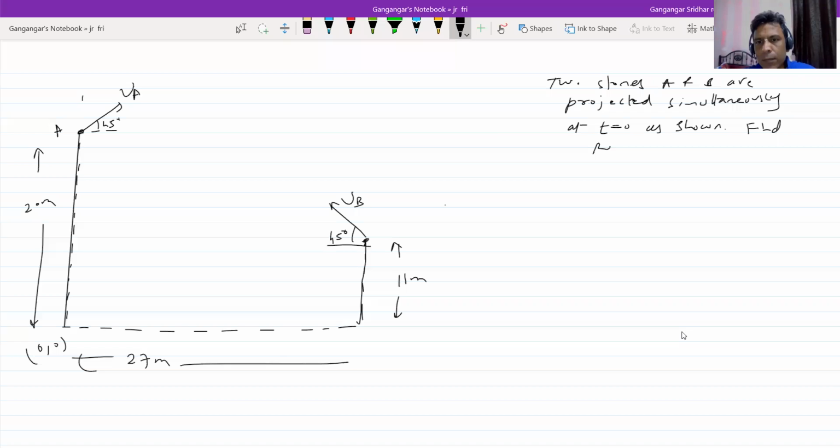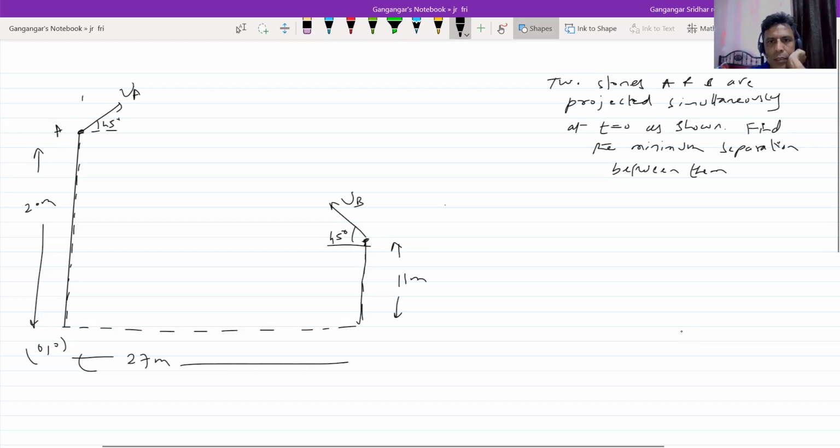Find the minimum separation between them. Okay, now there's a ground.